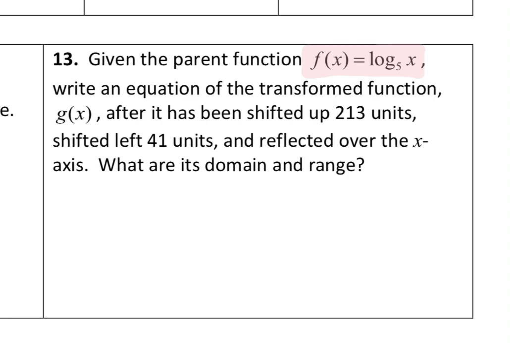So what we're going to do here is we're going to say that the transformed function is shifting up 213 and shifting left 41. And there's a third transformation this time, and that is that it's reflected over the x-axis.